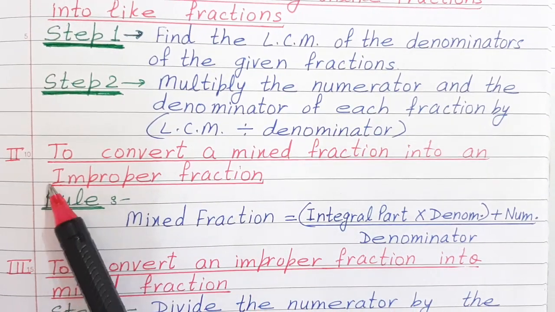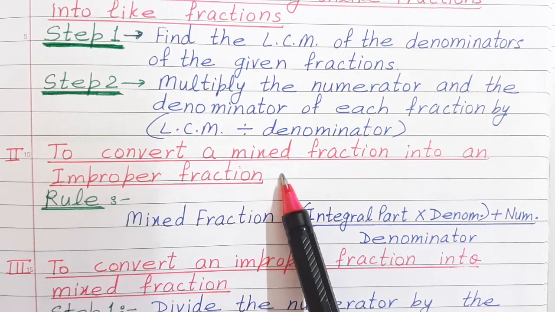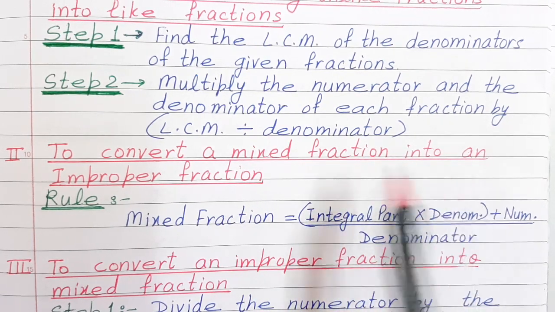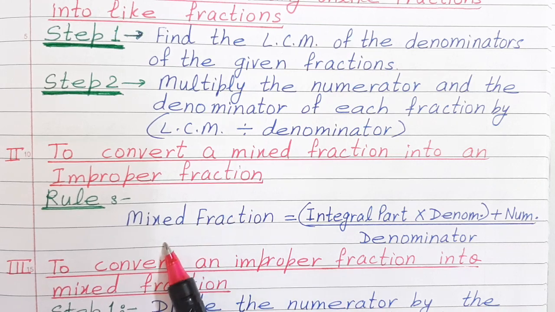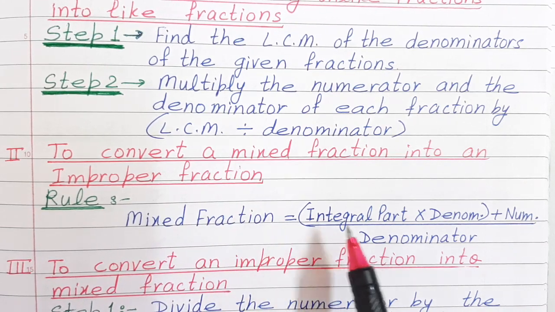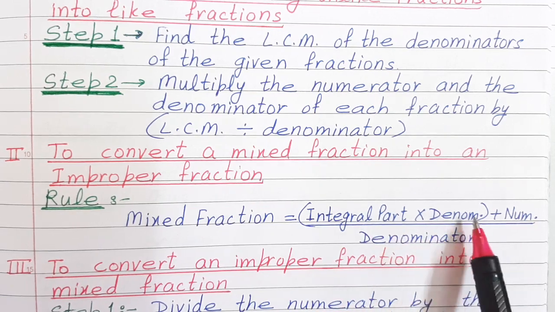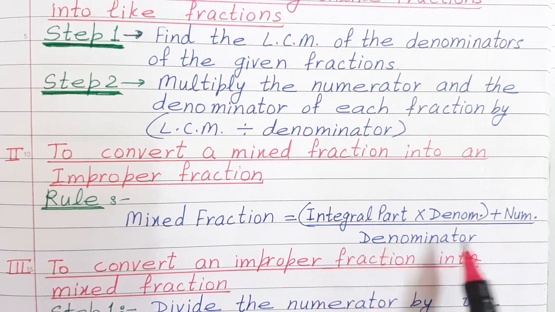Now let us discuss how to convert a mixed fraction into an improper fraction. Now what is the rule here? A mixed fraction is equal to (integral part times denominator plus numerator) upon denominator. Clear?